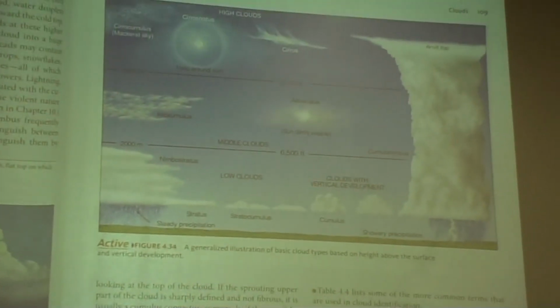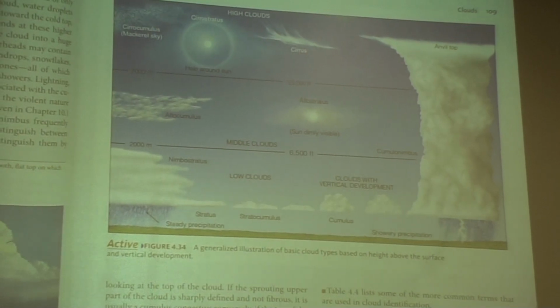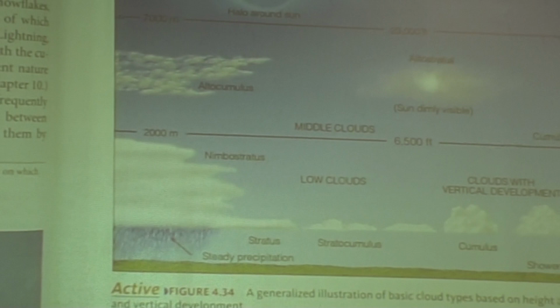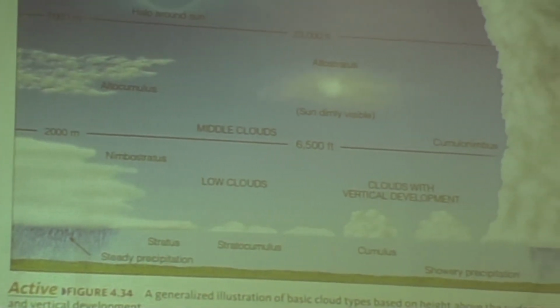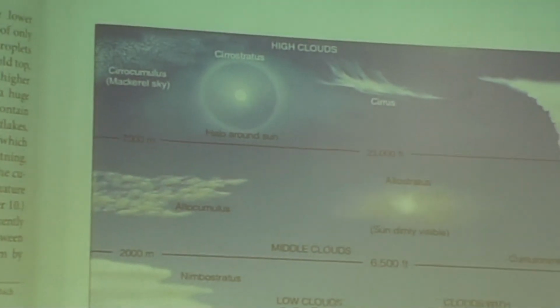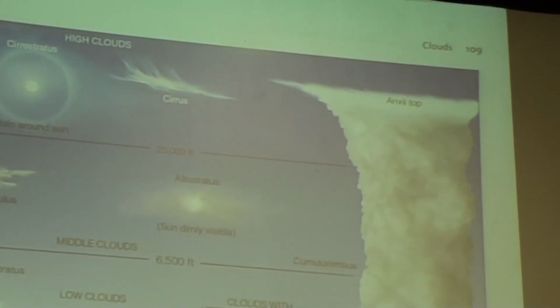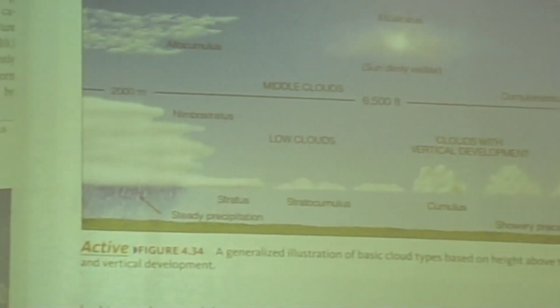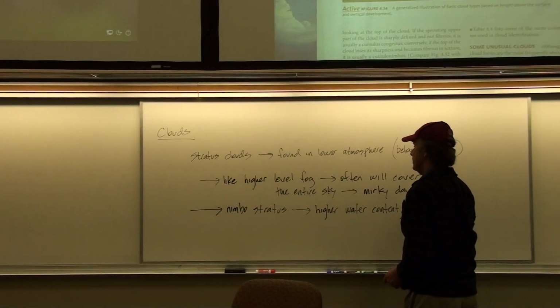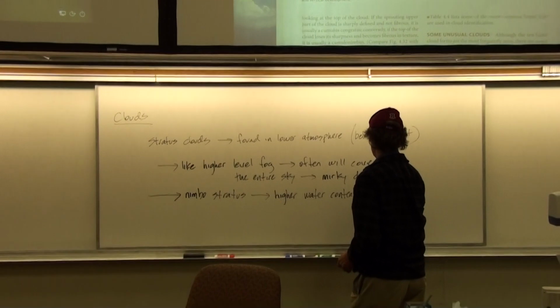Now, nimbostratus clouds tend to extend to higher elevation and have a higher water content. They tend to be darker because the more water content there is in a cloud, the darker the cloud becomes.